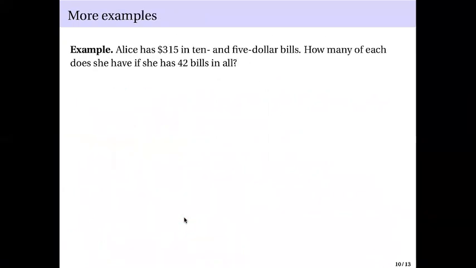Let us consider this. Alice has $315 in 10 and $5 bills. How many of each does she have if she has 42 bills in all? So again, Alice has $315 in 10 and $5 bills. How many of each does she have if she has 42 bills in all?